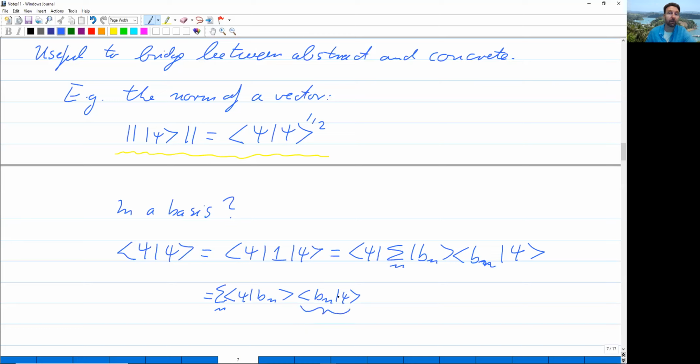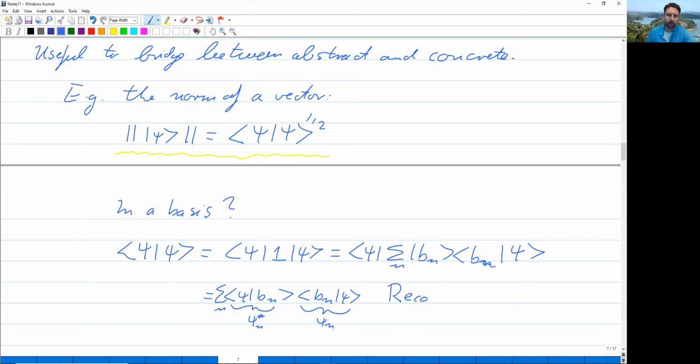This is the wave function of psi in the B basis. Here are the coefficients of that wave function, psi n. And what is this? Well, this is psi n star, the complex conjugate number. Why is that? Well, because the psi and the bn have traded places.